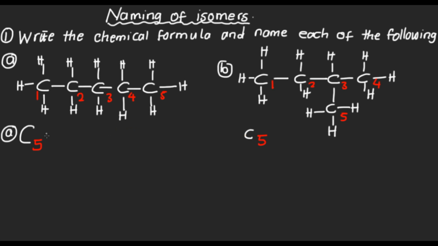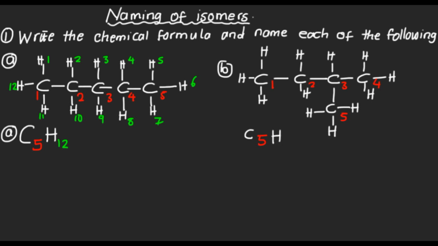Now we go to the number of hydrogens. So the number of hydrogens for this one, we have 1, 2, 3, 4, 5, 6, 7, 8, 9, 10, 11, 12 atoms of hydrogen. Let's check for the other structure.